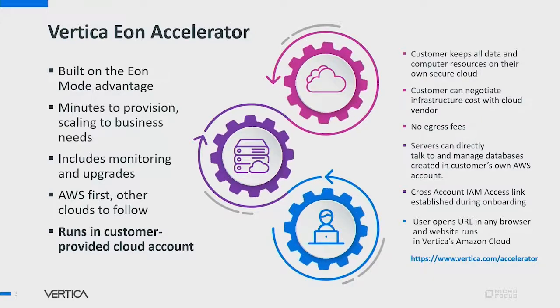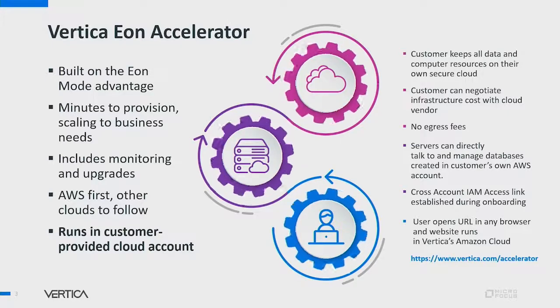With Eon Accelerator, the advantage is that it will take minutes to provision and scale to your business needs. We also include some monitoring, and we will do all the upgrades for you. Currently, we are launching on AWS first, but we do intend to launch to other clouds.